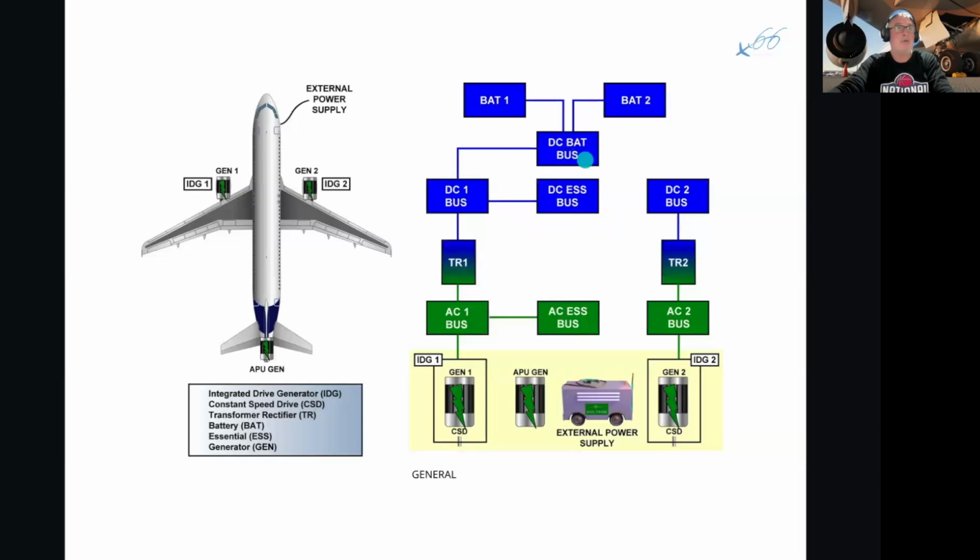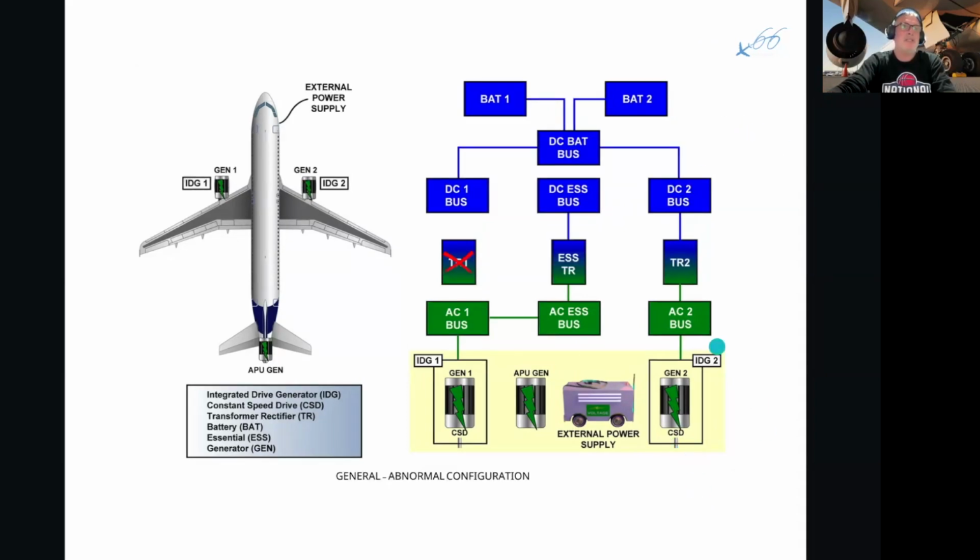And the last port of call is the DC battery bus, the 2 batteries, which will then come into play if we have no electrical power on the aircraft and provide 30 minutes of electrical power to enable us to land the aircraft wherever we can.